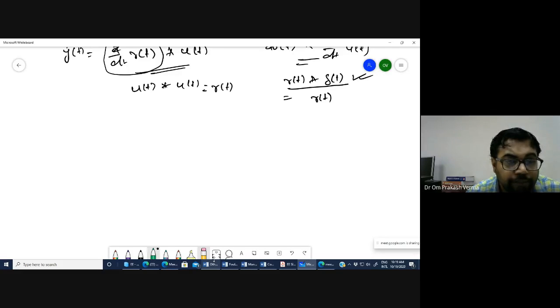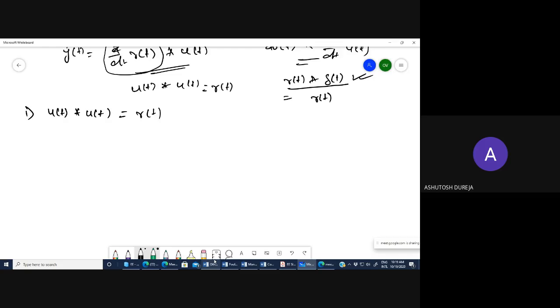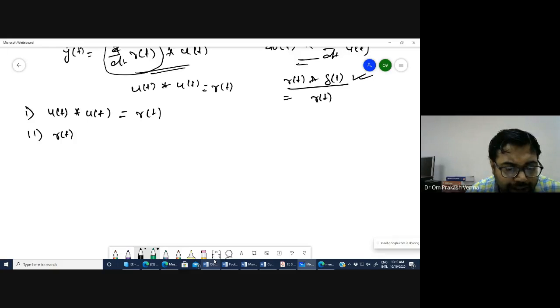Okay, now tell me. I have taken some example. Let's say u(t) convolution with u(t). Yes, Dureja, what is the answer? Ramp function, r(t). Now tell me r(t) convolution with u(t).